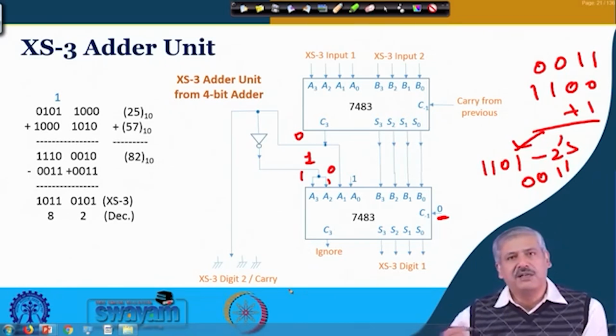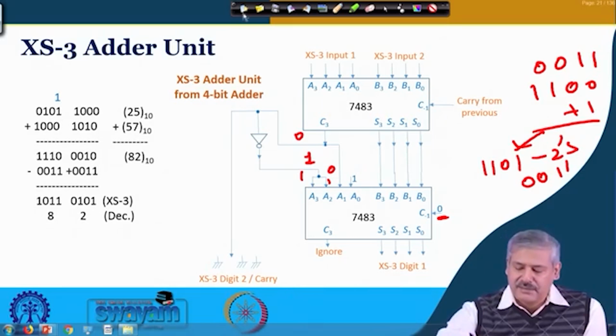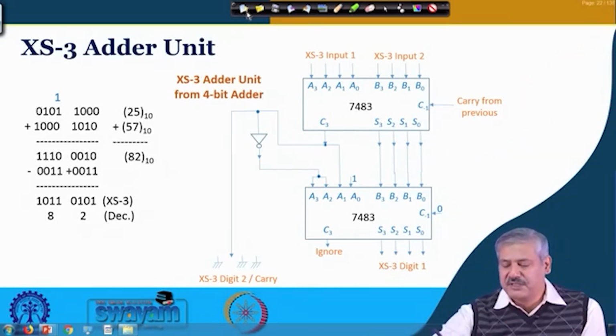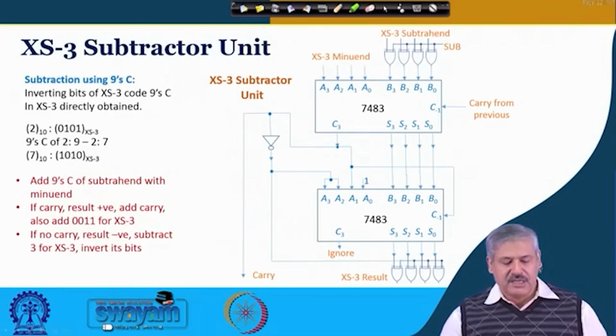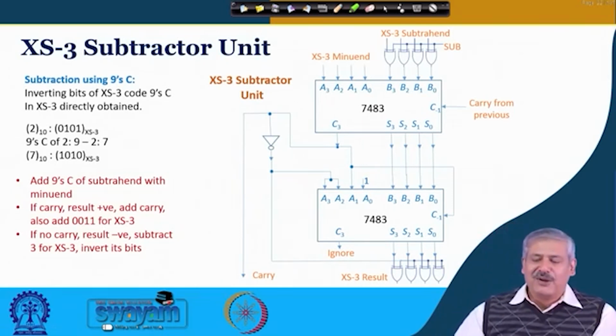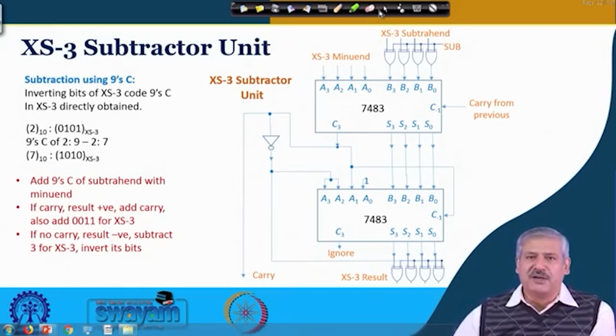So, this is the way we can very simply get the XS3 adder circuit made, compared to, if you remember, BCD addition, okay. Now, coming to the XS3 subtractor, one good thing about XS3 numbers is that if you just invert the individual bits, then you get the 9's complement, right.